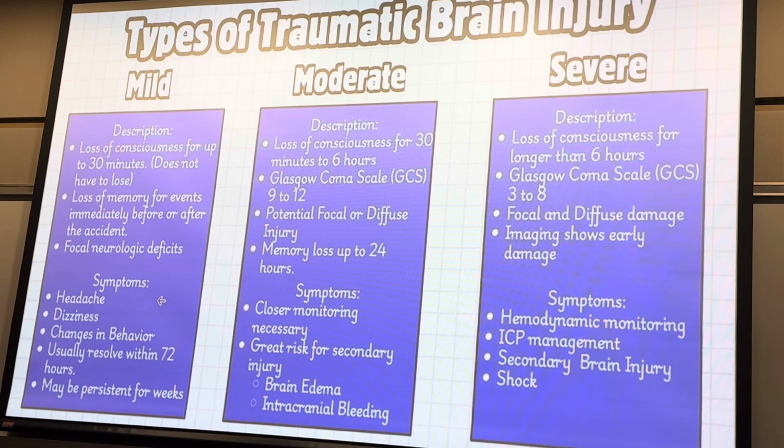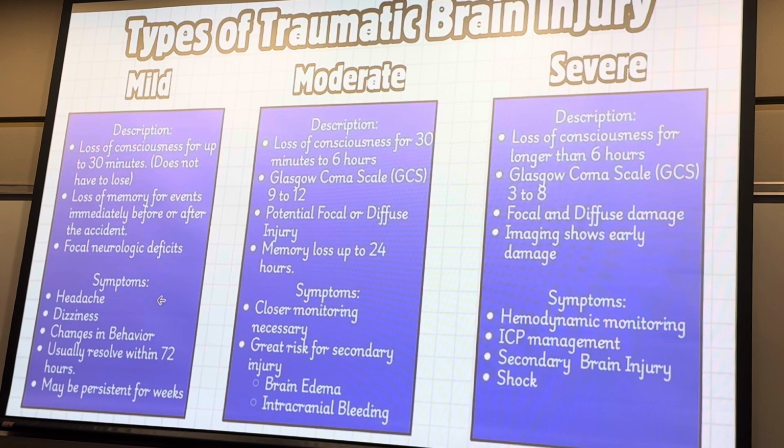We can also further classify our types of traumatic brain injuries into mild, moderate, and severe. There's also a great table on page 956. It's table 38.3, on page 956 of your MedSurg textbook.